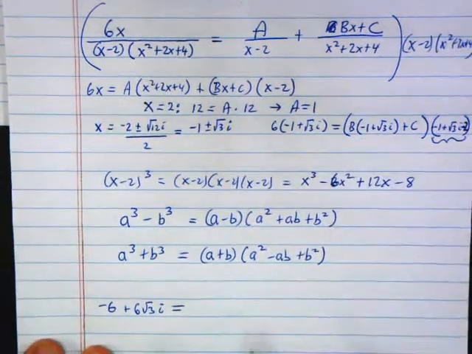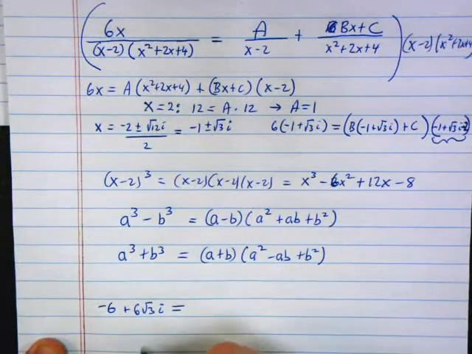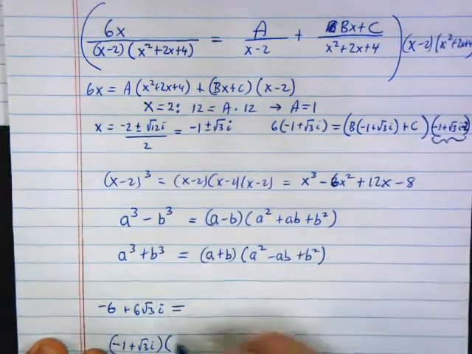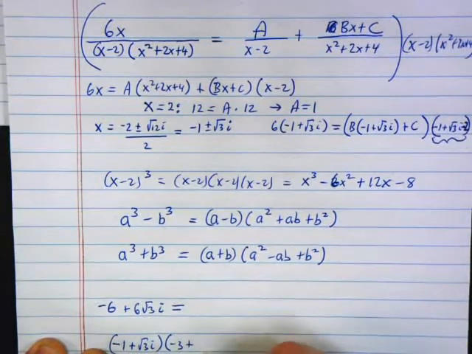All right, so that's going to be negative 1 plus square root of 3i times negative 1 minus 2 is negative 3 plus square root of 3i.